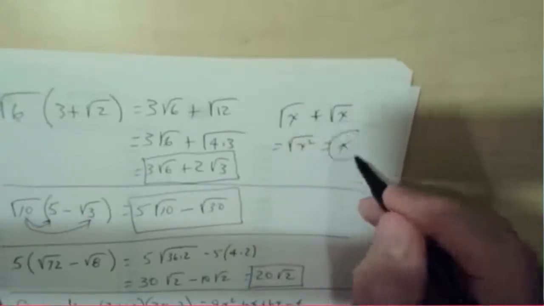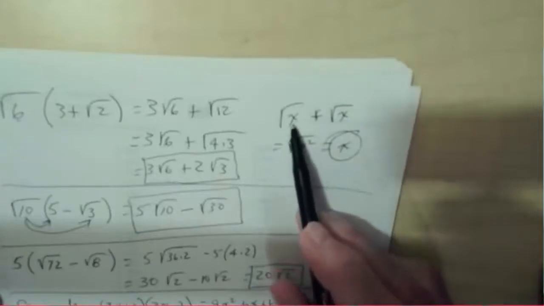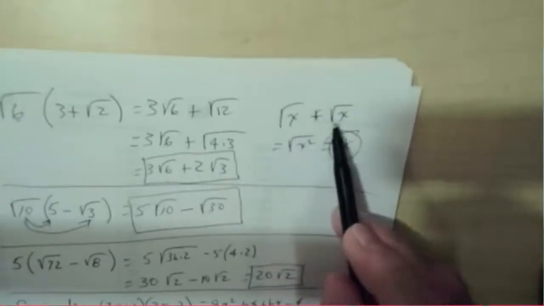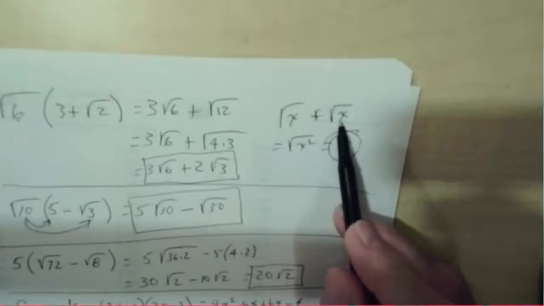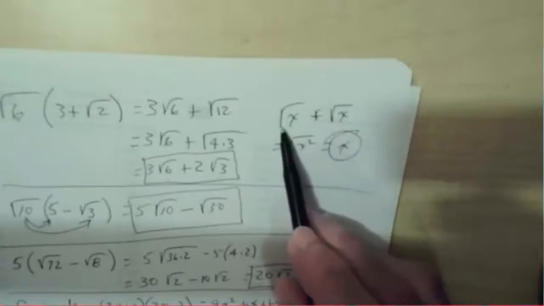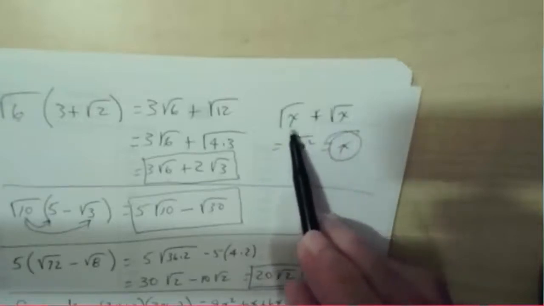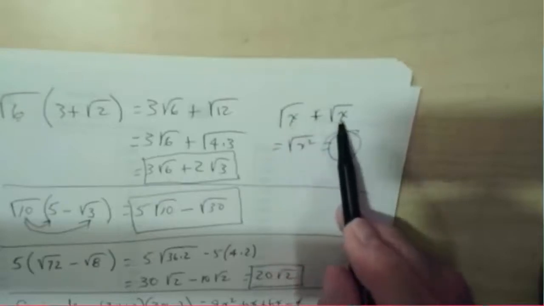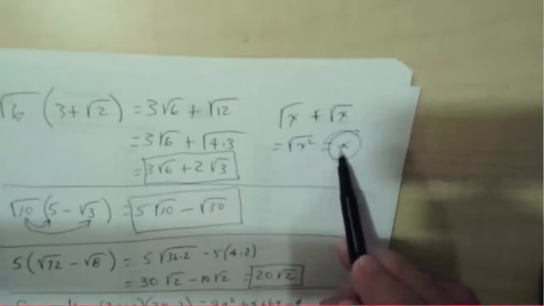And again, what happens if you multiply two square roots that are exactly the same? The radical goes away. If you have the square root of any number times itself, it's just the number.